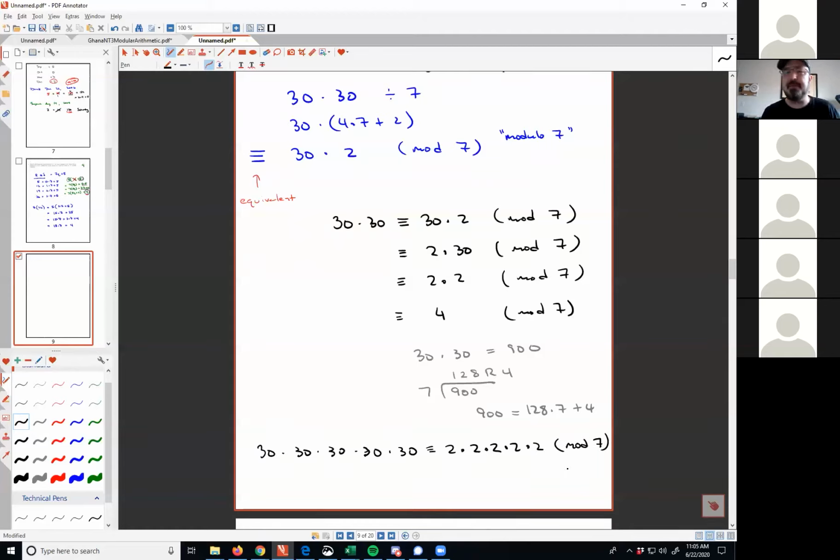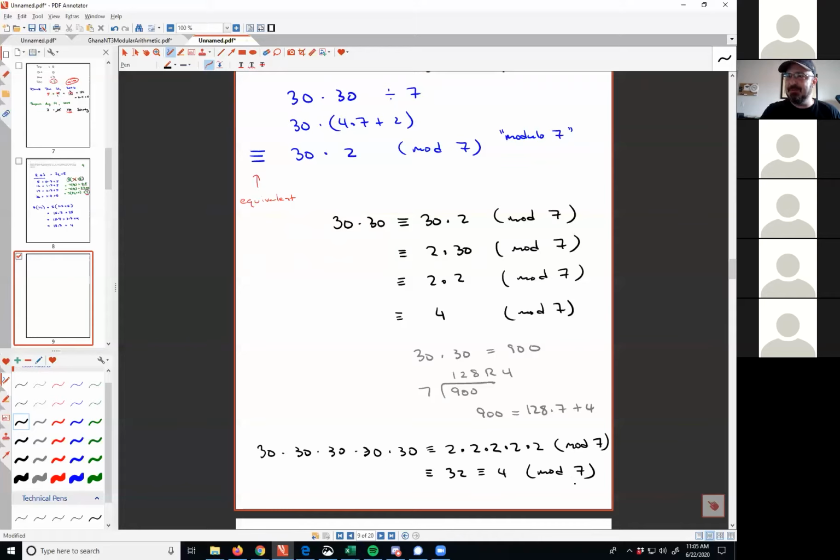And what's 2 to the 5th power? 32. And what's the remainder when 32 is divided by 7? 4. Good. 4 is the remainder when 30 to the 5th power, which is 24,300,000, is divided by 7.